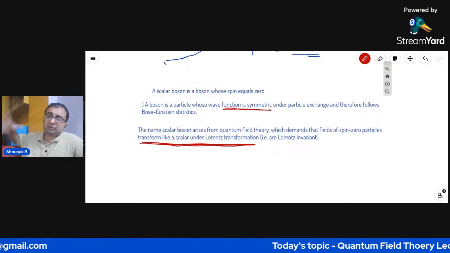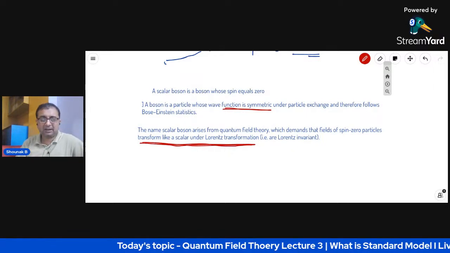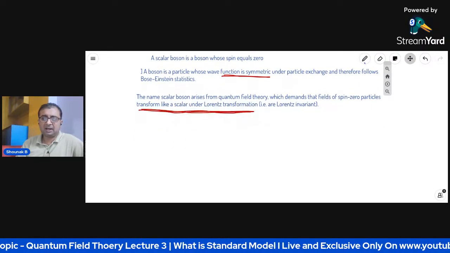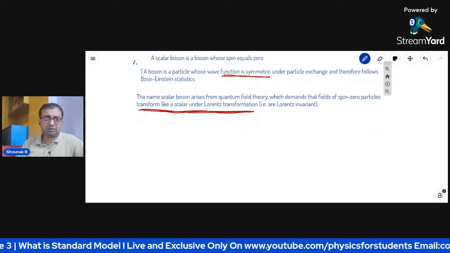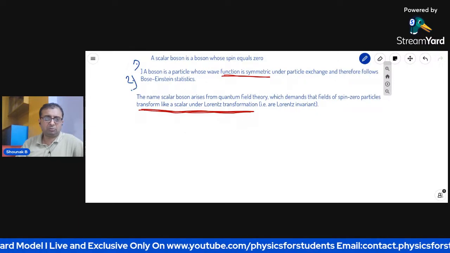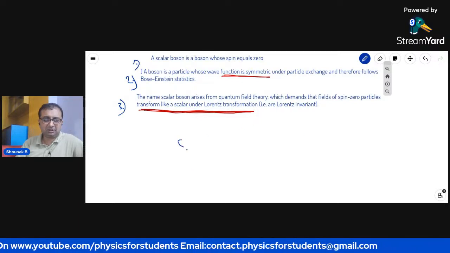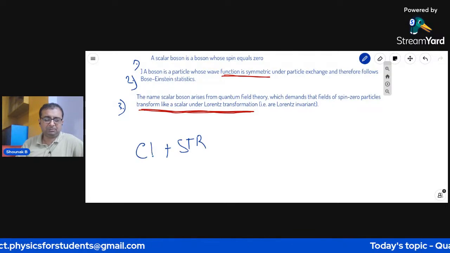Now, Lorentz transformation is where? Obviously, it is the special theory of relativity. And that is why we can deduce from points 1, 2, and 3 that we have special relativity, STR. Before that, obviously, we have classical physics, CP.